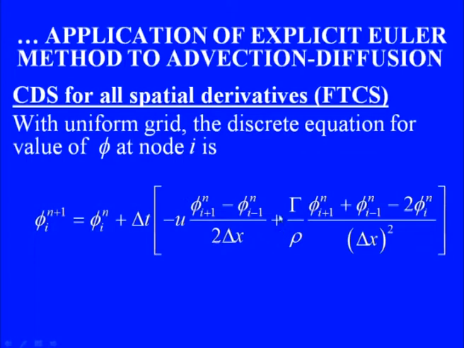This is a central difference approximation for our del phi by del x term, plus gamma by rho. Next we have got the central difference approximation for the del 2 phi by del x square term, that is phi I plus 1 n plus phi I minus 1 n minus 2 phi I n divided by delta x square.